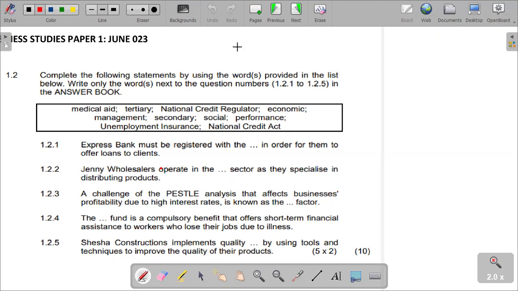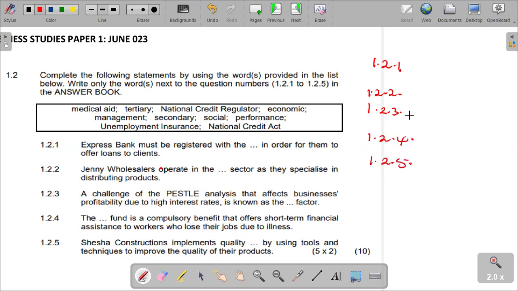So we are going to number our answer book as 1.2.1, 1.2.2, 1.2.3, 1.2.4, 1.2.5.